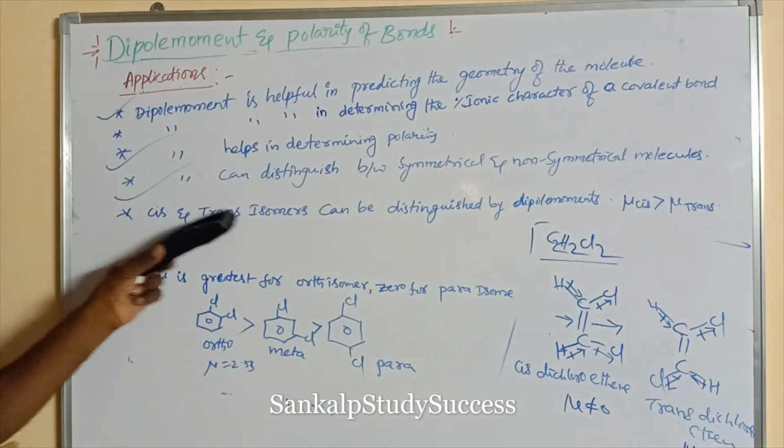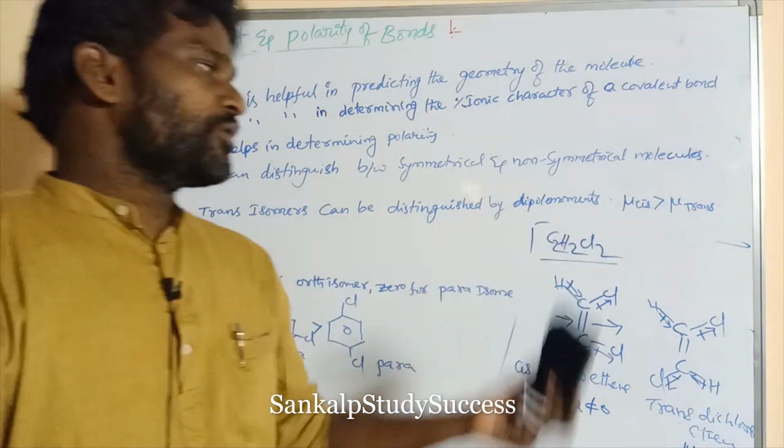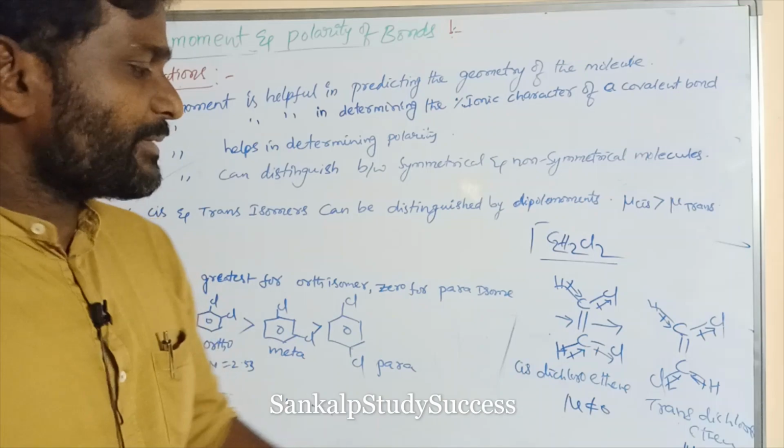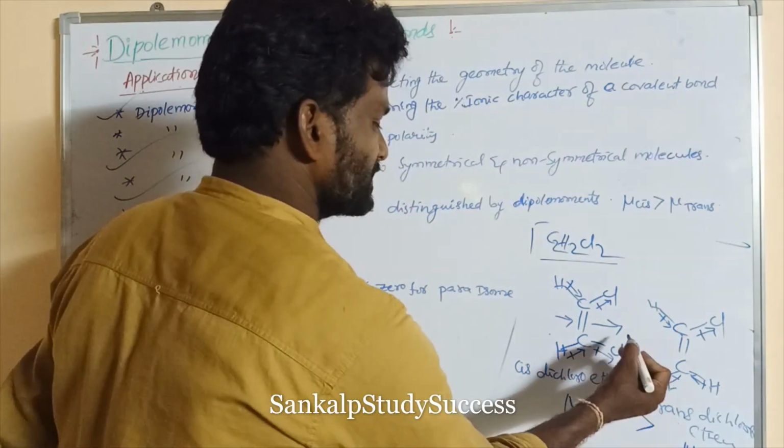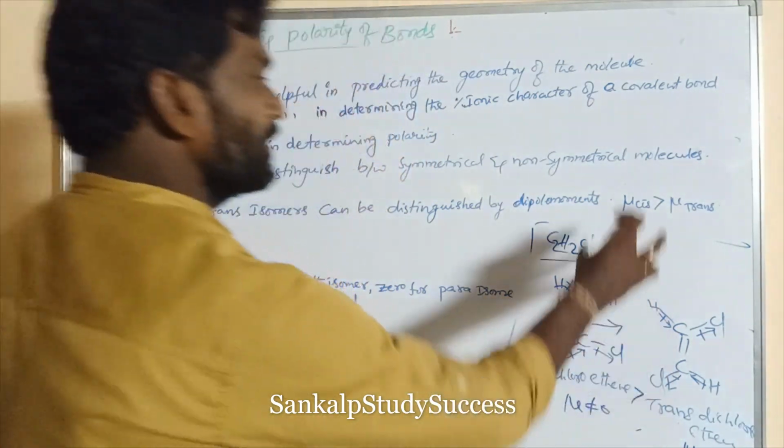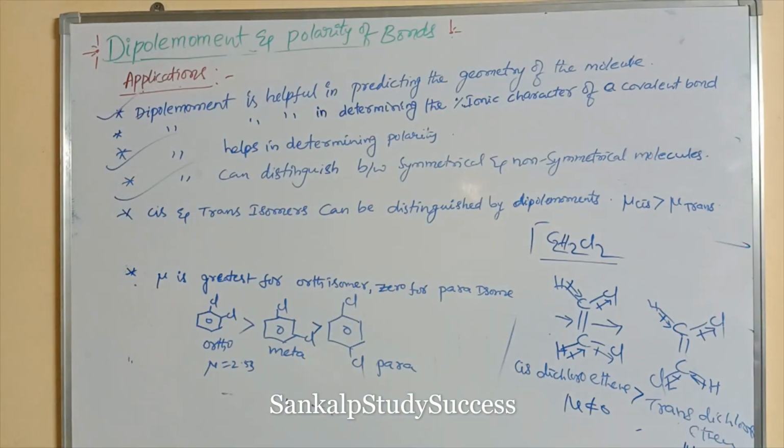So cis and trans isomers can be distinguished by dipole moments. Which is having more dipole moment? Cis has more dipole moment than the trans isomer.